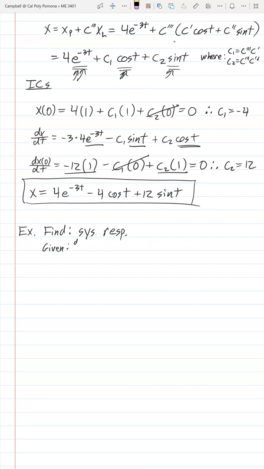We're going to have d squared x dt squared plus 5 dx dt plus 4x is equal to 5 times cosine. So we're going to have a little bit more going on with this problem. We have all three terms represented.